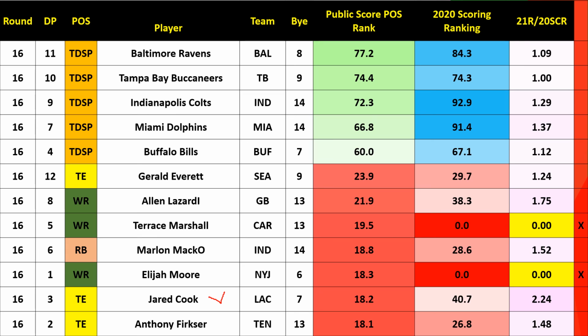Allen Lazard, Mitchell, Moore. And I don't know if I'm taking it. Marlon Mack, I'm taking him as that RB 6, 7, all day long. Gage and now Mack and Cook.